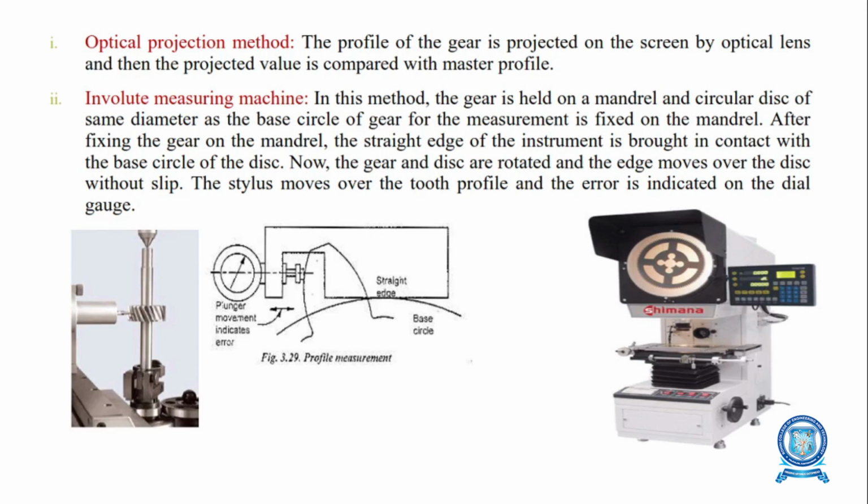When the gear and disc are rotated further, the stylus slides along the involute curve. The deviation of the profile from the correct involute is indicated by a dial indicator with an accuracy of 0.0001 mm. A master involute template is also provided with the machine for setting and calibration.